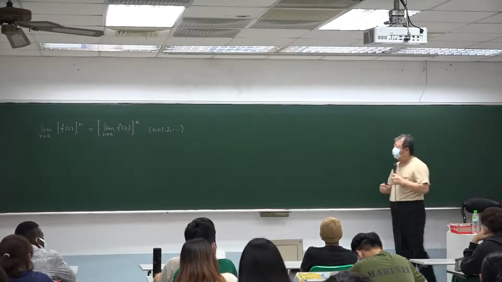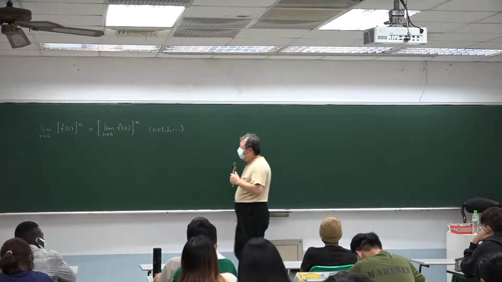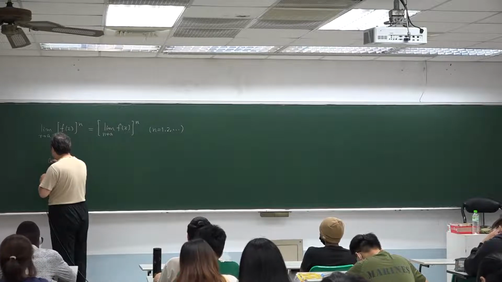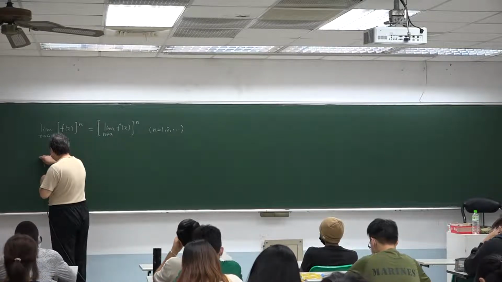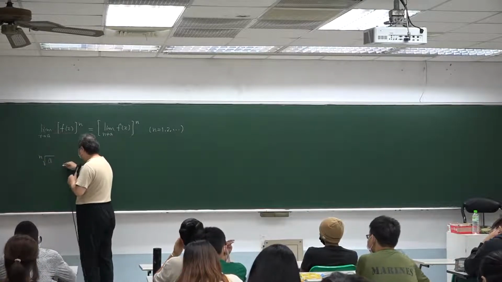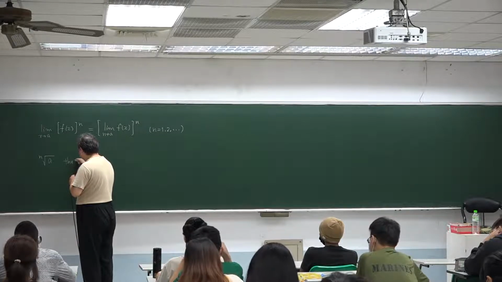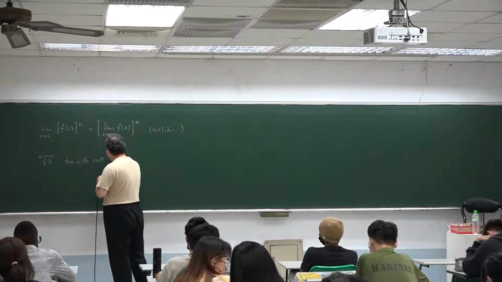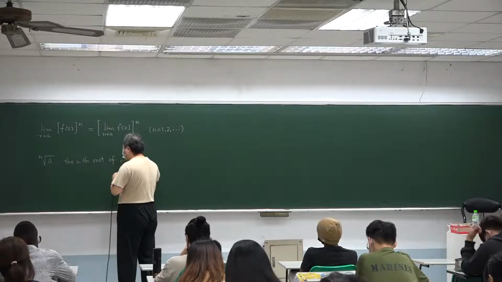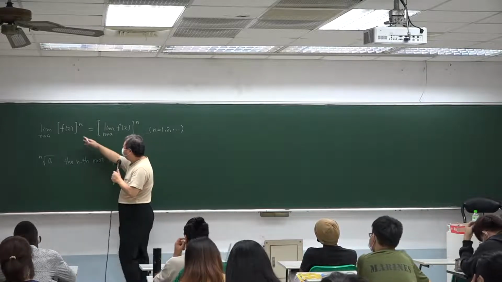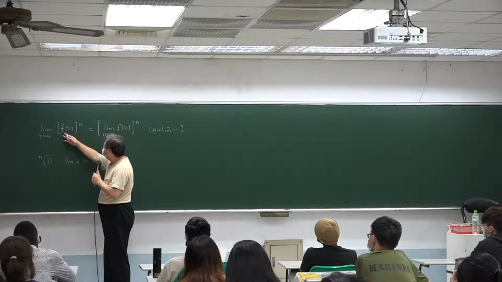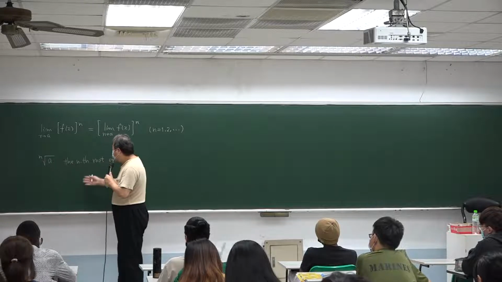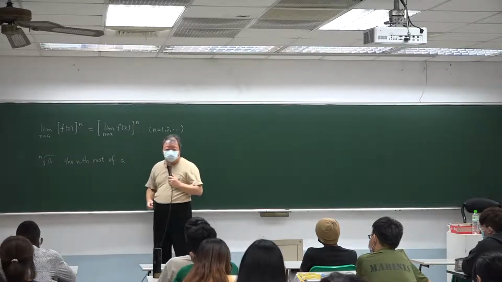The power of a real number is denoted by this notation, the nth power of the number f of x. And this other notation is read the nth root of the number a.